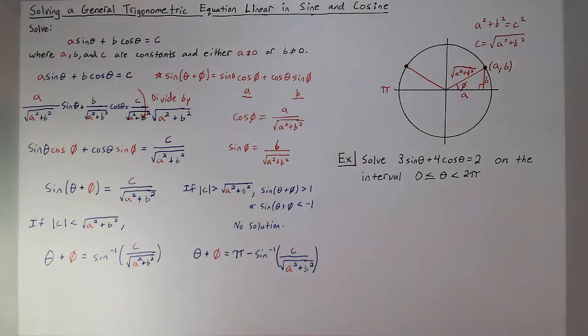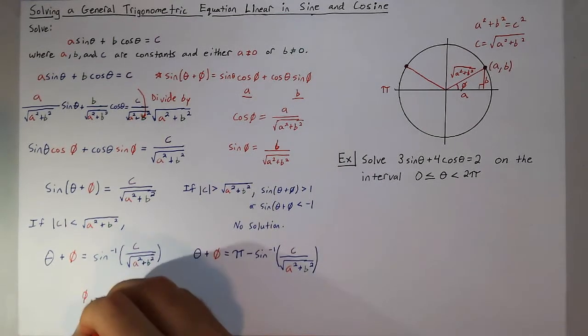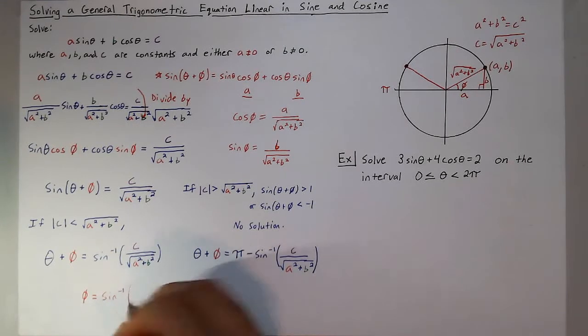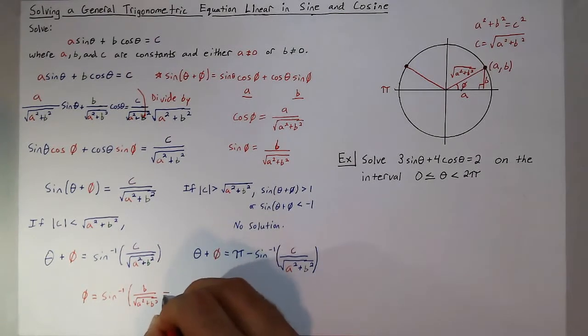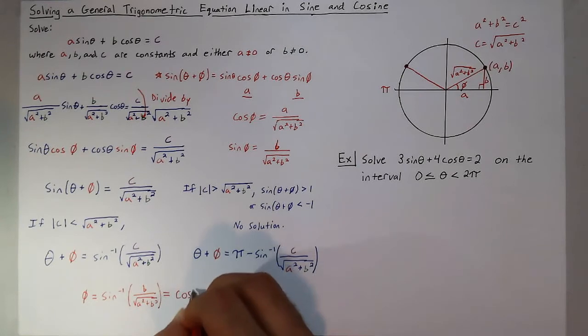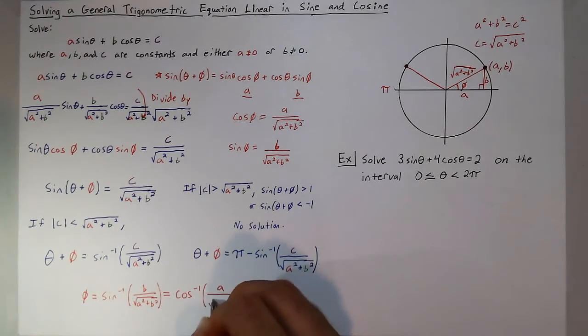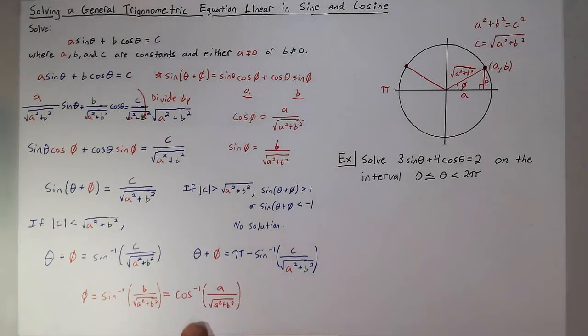So if I were to solve the bottom equation, I can get that phi is equal to sine inverse of b over the square root of a squared plus b squared, or it could even equal the cosine inverse of a over the square root of a squared plus b squared. Either one of those would yield the angle I need to be able to subtract it and get my answer.